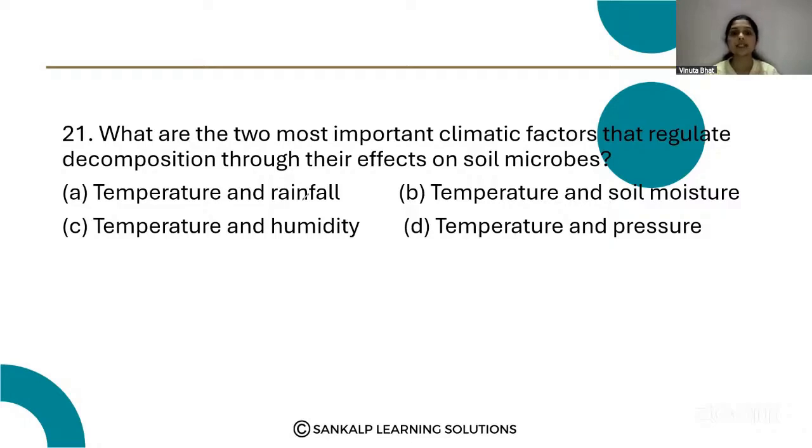Temperature regulates the decomposition. If the temperature is very high or very low, the decomposition is not possible, so it requires the optimum temperature. And the soil moisture is mainly because of the rainfall, right?